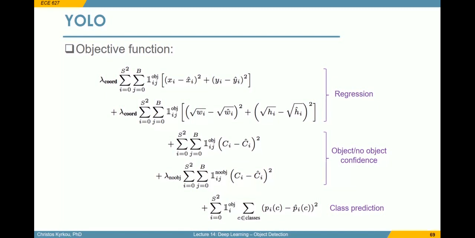And finally, they regress the classification using squared error to predict which of the classes the box belongs to.